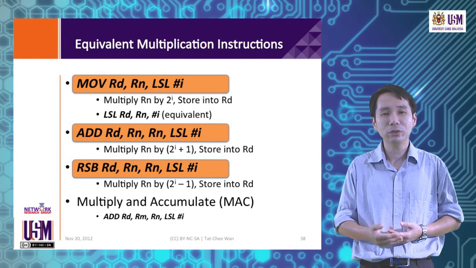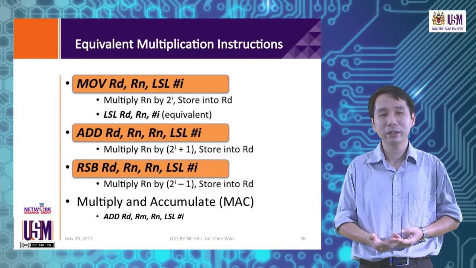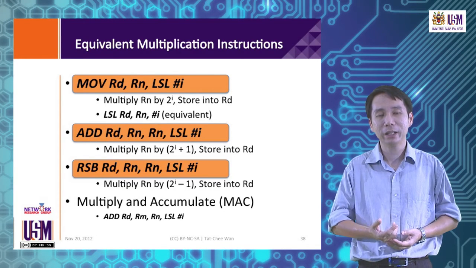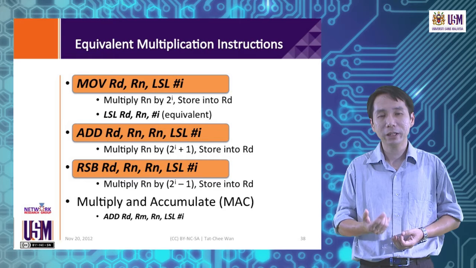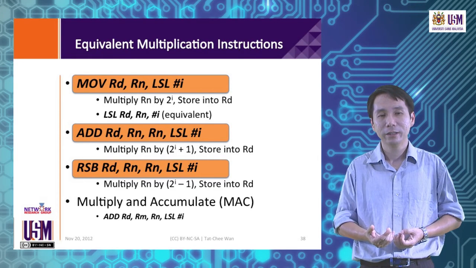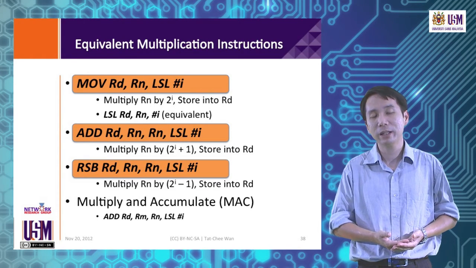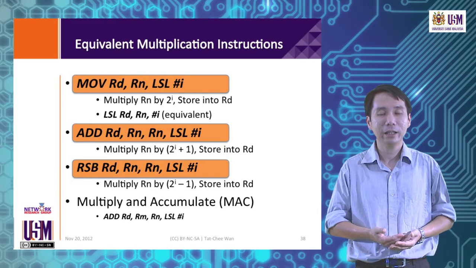Consequently, if we do MOV Rd, Rn, LSL #i, this will allow us to convert the value R sub n into a value that is multiplied by 2 to the power of i. And it is equivalent to the instruction LSL, or logical shift left, Rd, Rn, #i.